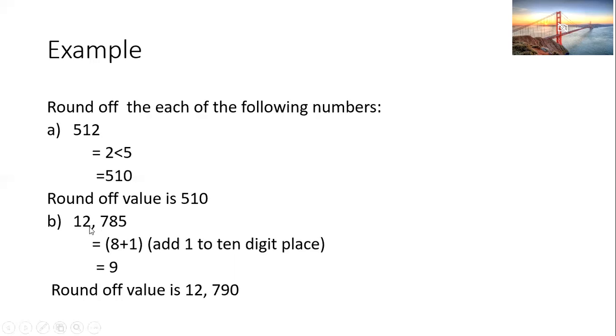Listen children, otherwise the place value does not change. So the rounded value is 12,790. You change only the tens place value. You do not change the 100,000 and 10,000.